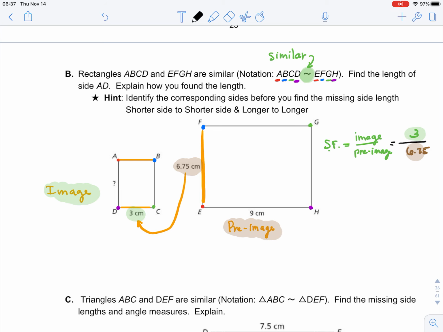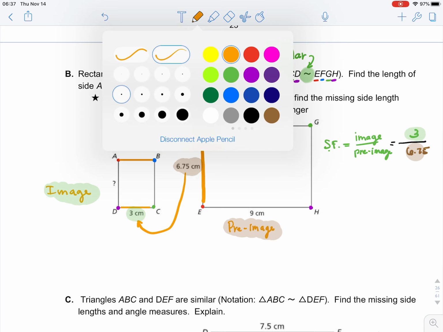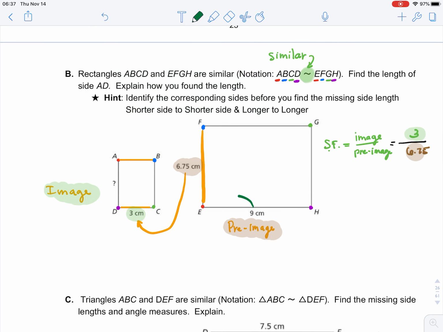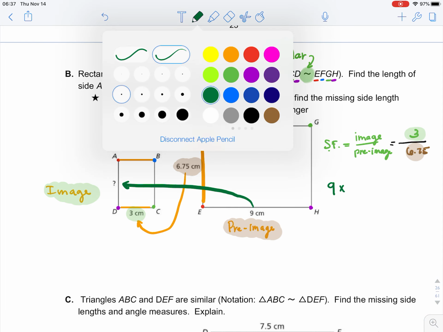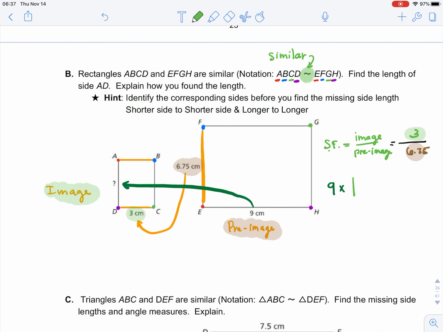So we're going to use that same information for the big shape. Let's use a dark green instead. I'm now going to go from the 9 side length to the unknown side length. Okay. 9 times scale factor. Okay, that's our scale factor.